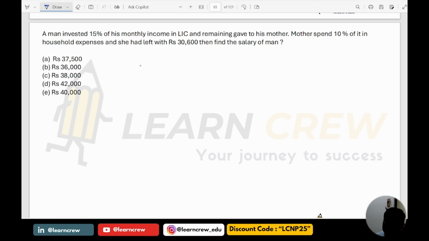So here, see, out of 100, I'm just doing, salary is X, 15% is spent, remaining is 85%. Out of this 10% was spent, remaining was 90%. So this is given as 30,600.